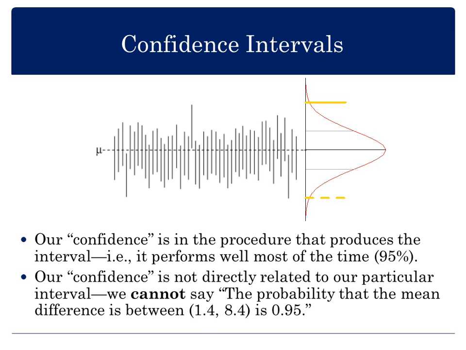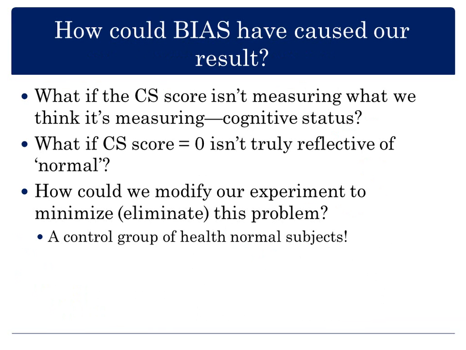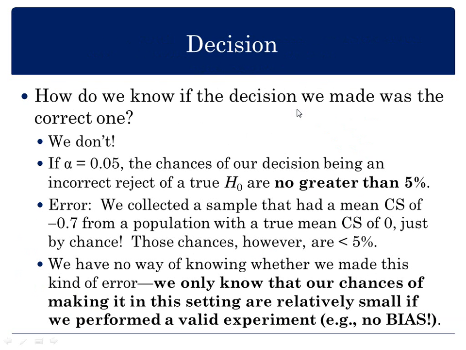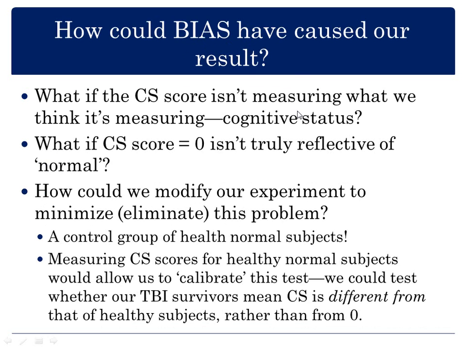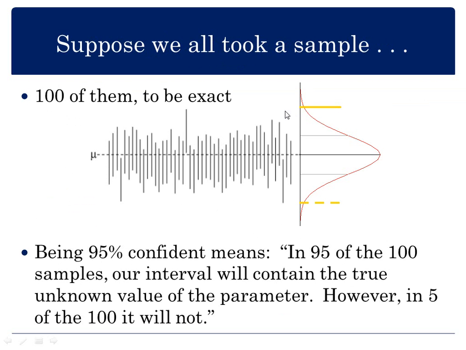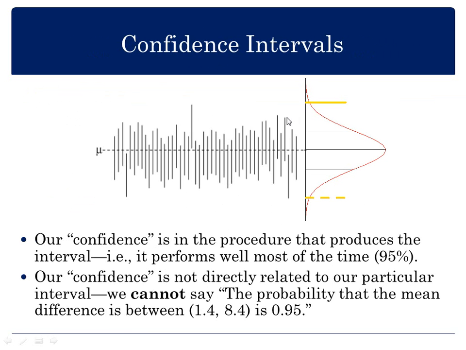Just like when we had a few slides back, how do we know if the decision we made was the correct one? We don't. How do we know if our interval estimate, our particular interval estimate, contains the truth? We don't. We just know that the chances of it not covering the truth, if we've done the data collection appropriately, are very small.